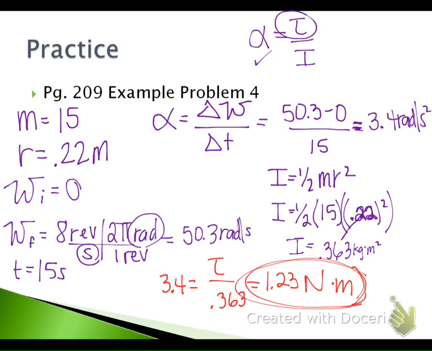Part B says, if you apply a torque by wrapping a strap around the outside of the wheel, how much force should you exert? So we have our torque. Let's think about what the equation for torque is.